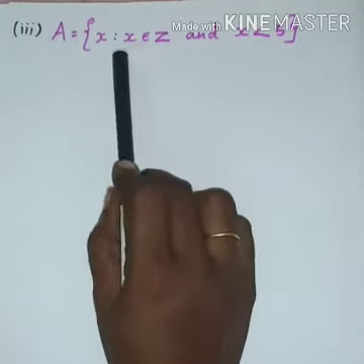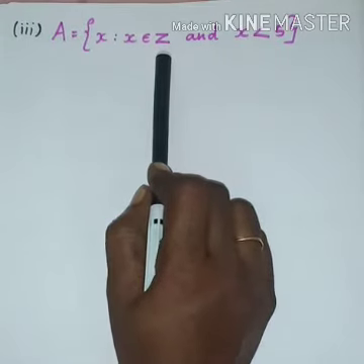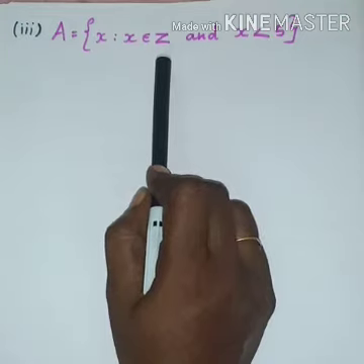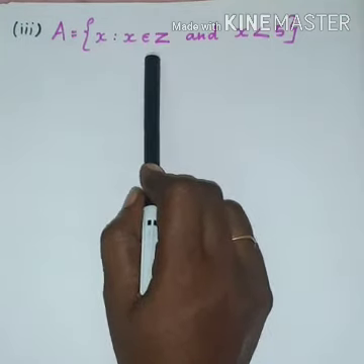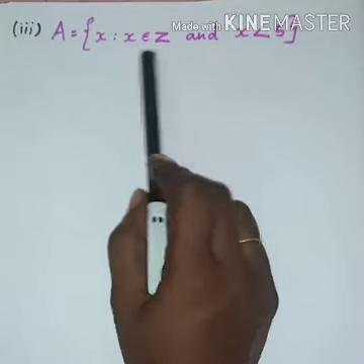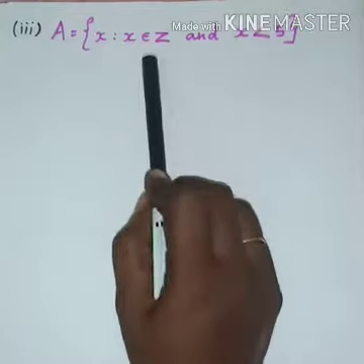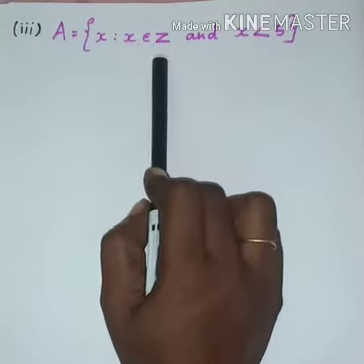Here x belongs to Z. Z means integers. So what is an integer? All the negative numbers, 0 and all the positive numbers are called integers.